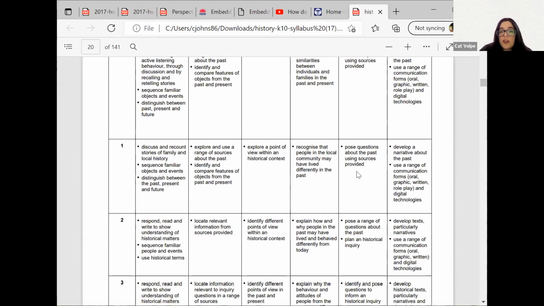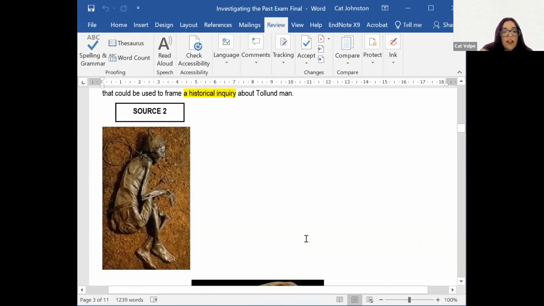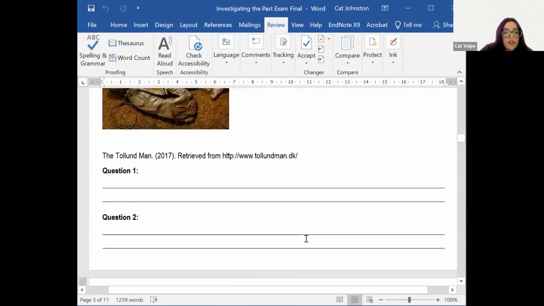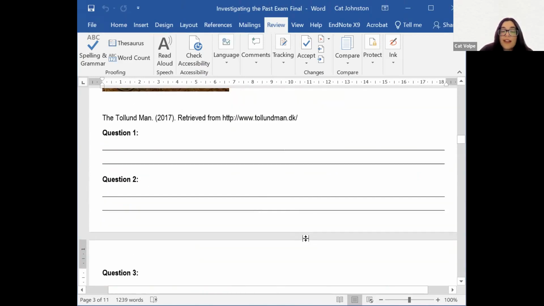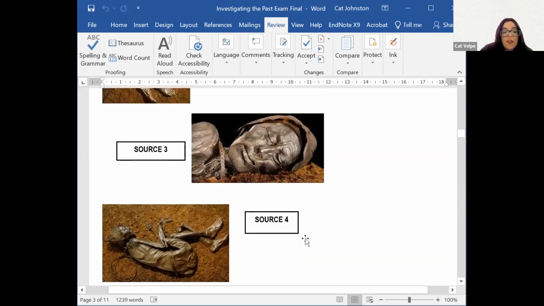So posing questions about the past is something that students need to be able to do. Okay, so, all right, so coming back to the exam. So students are analyzing sources, okay, asking questions that they would ask as an archaeologist who had dug up these remains, okay?